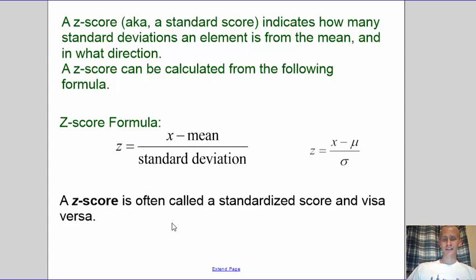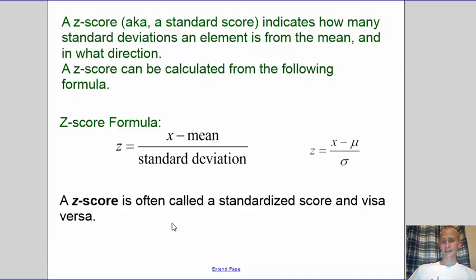We have our formula a little bit down below. It is z equals x minus the mean, divided by the standard deviation, where x is the number we are interested in. It could be, in this case, Jenny's score. It could be anything. That score gives us an idea relative to the rest of this distribution.